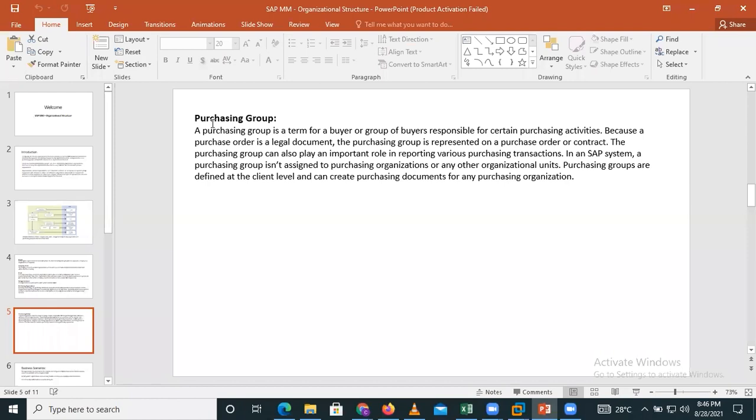Purchasing group is nothing but doing the purchasing activities, but in SAP we create it only for reporting purposes, so we have better reporting. Purchasing groups are not assigned to any of the organization units; it is separate.